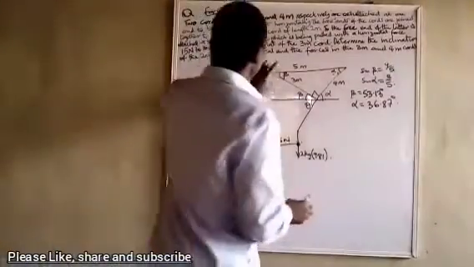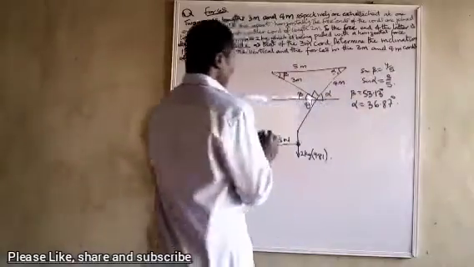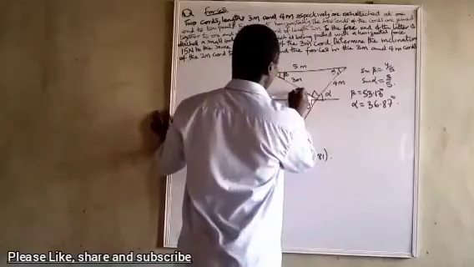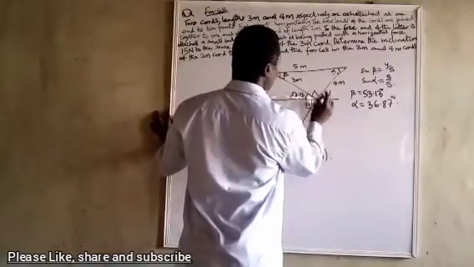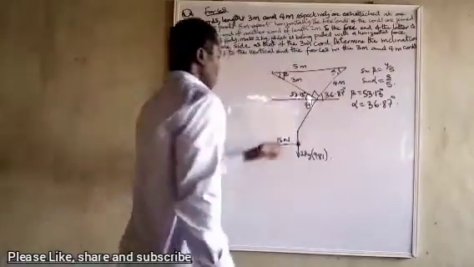So for this, we have been able to derive what our alpha and beta are. So I can conveniently draw this one to be 53.13, and this angle is 36.87 degrees.